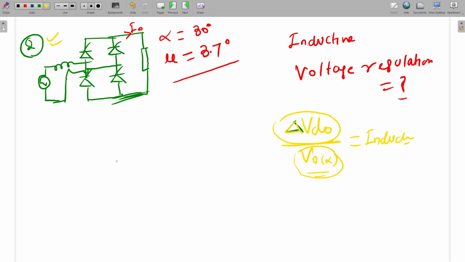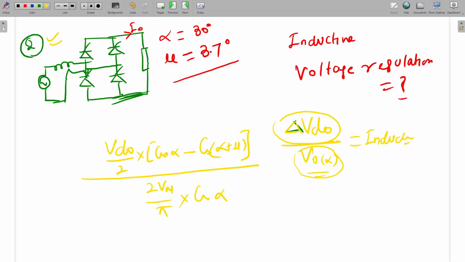So this will be VD0 by 2 into cos alpha minus cos alpha plus mu, divided by 2 Vm upon pi into cos alpha. Is it clear? This will be the regulation.